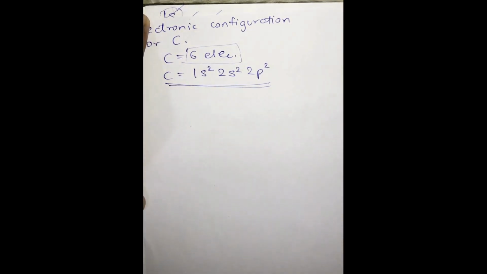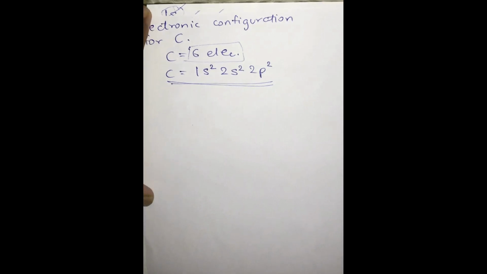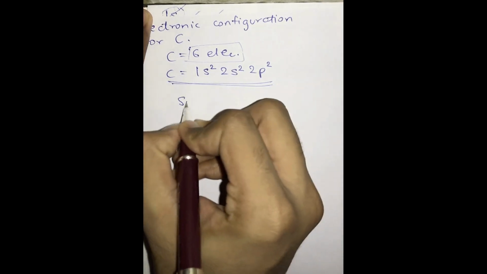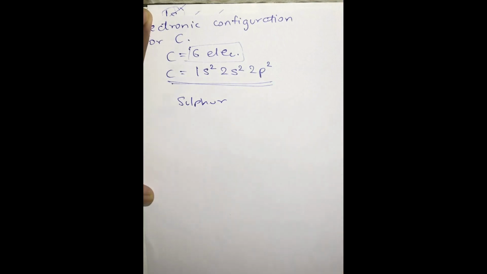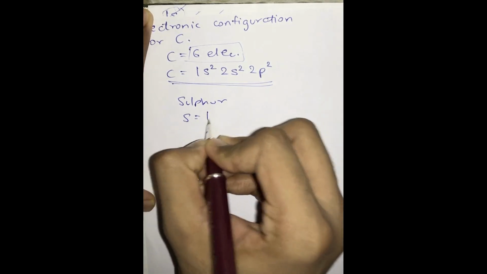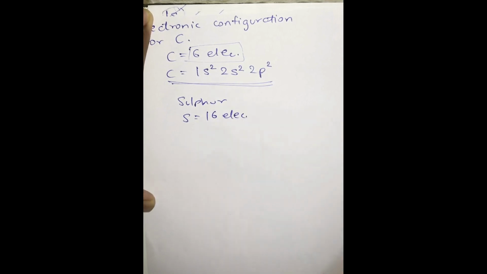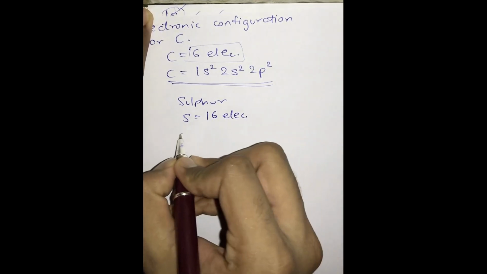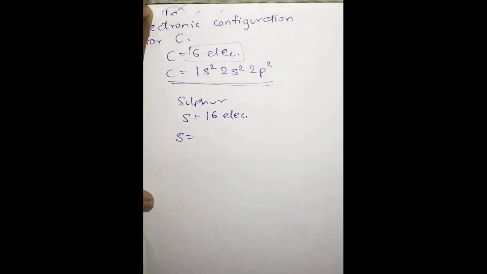Now let us take a little bit bigger example, that is of sulfur. As we all know, sulfur contains 16 electrons. Am I right? So now let us write the electronic configuration for sulfur.